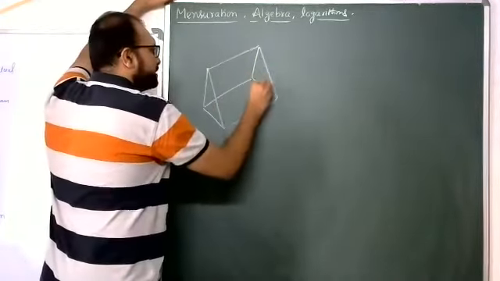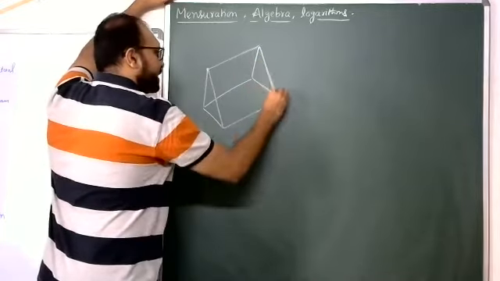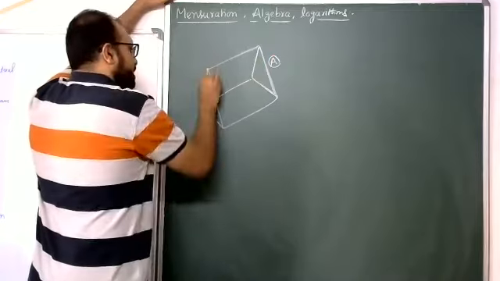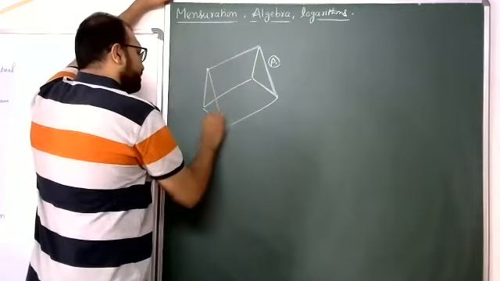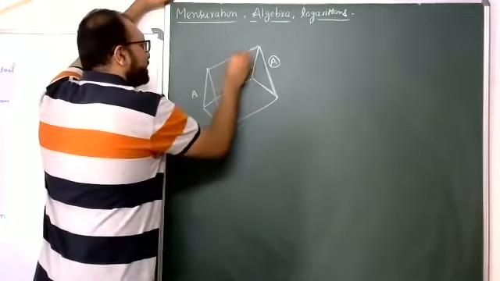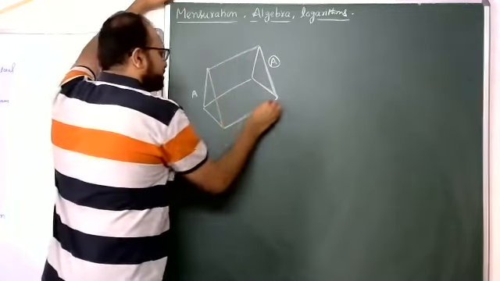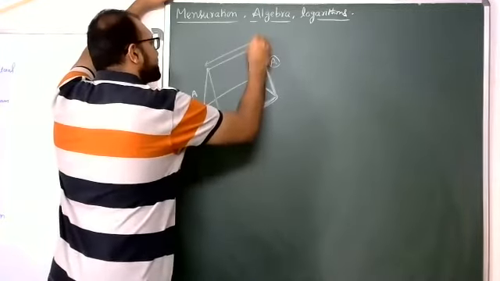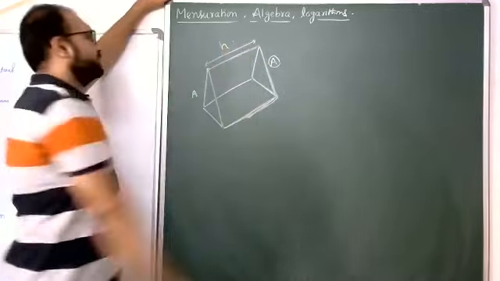Students, now this triangle, area capital A I am taking. This triangle, area capital A, these two triangles, and this perpendicular distance suppose H.